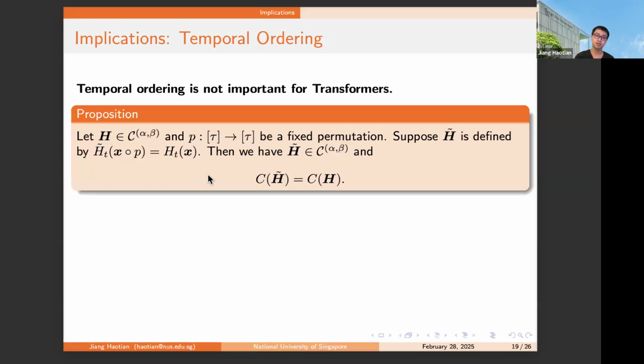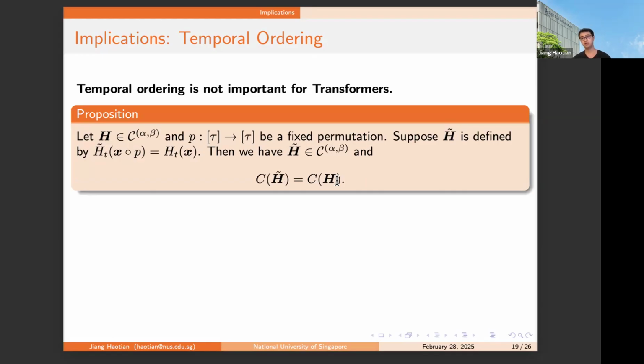But for the target space we considered here, the outer target is still in this target space, and most importantly, the complex measure of this outer target is the same as the original target.